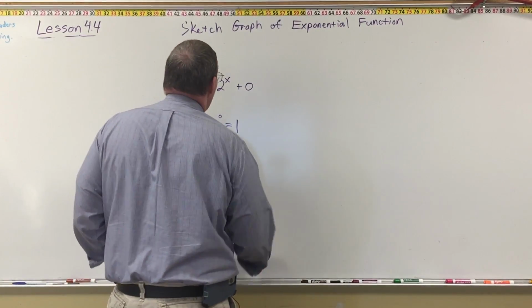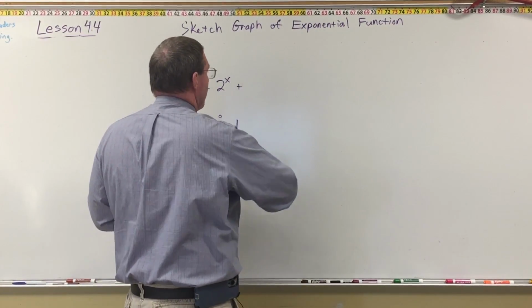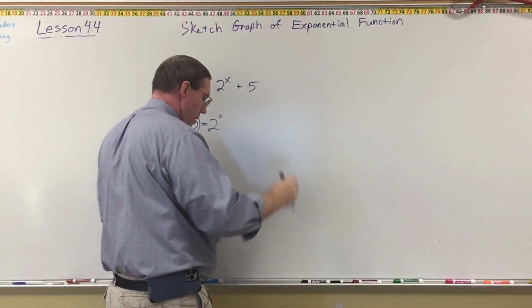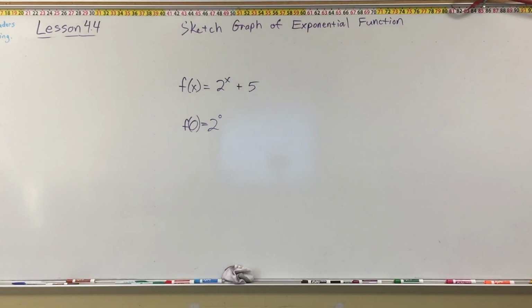And so what we might think, let's say we were adding something on. Let's say that we were adding on 5, okay? Well, the answer wouldn't be 5. It would actually be 6.